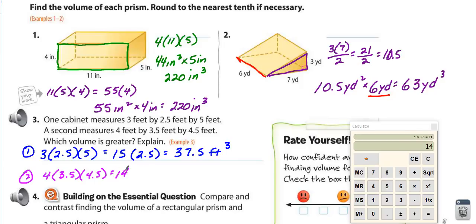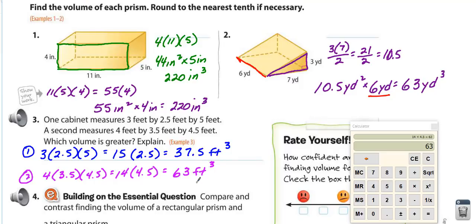That would be 14 square feet. That would be a base or a side, the top, the end, whatever it might be, times 4.5. So 14 times 4.5. And that's going to give me 63 cubic feet.